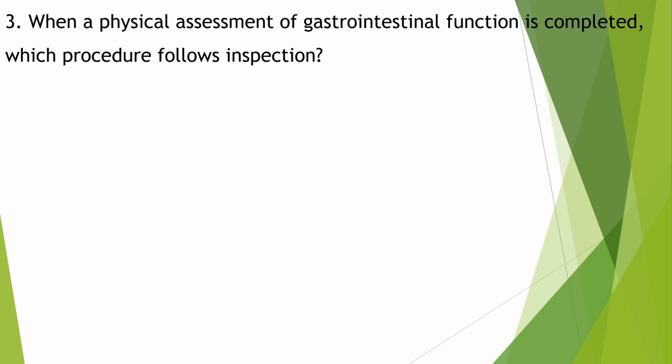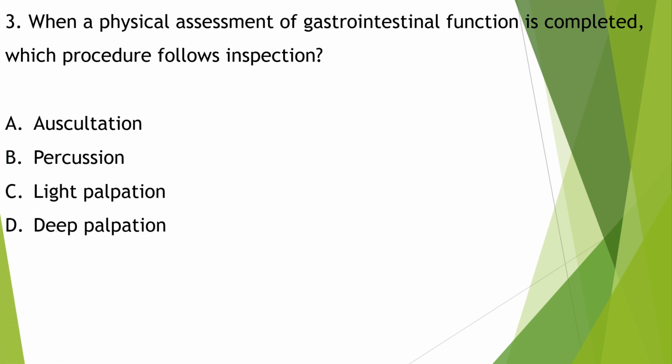When a physical assessment of gastrointestinal function is completed, which procedure follows inspection? Auscultation, percussion, light palpation, deep palpation. The purpose of auscultation is to indirectly assess bowel sounds and vascular integrity of the arteries.